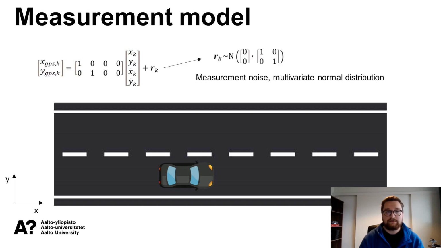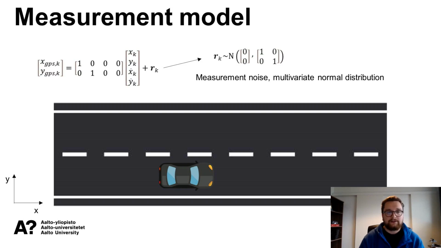And r is again a multivariate normal distribution, this time two-dimensional, so it's a bit easier to understand. Again, zero mean on the left, and on the right we have the covariance matrix. Again, we are just making it a diagonal matrix, basically putting some variance there, and they are not correlated in any way.